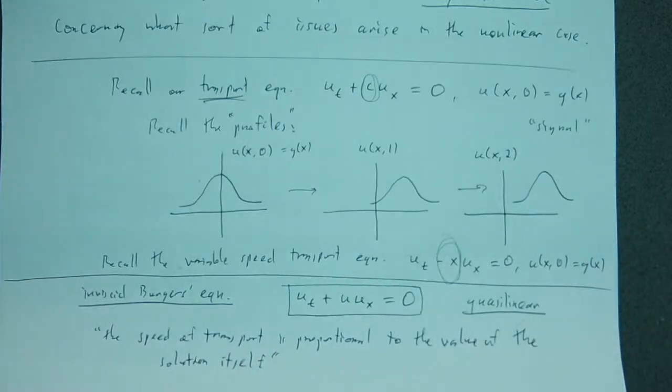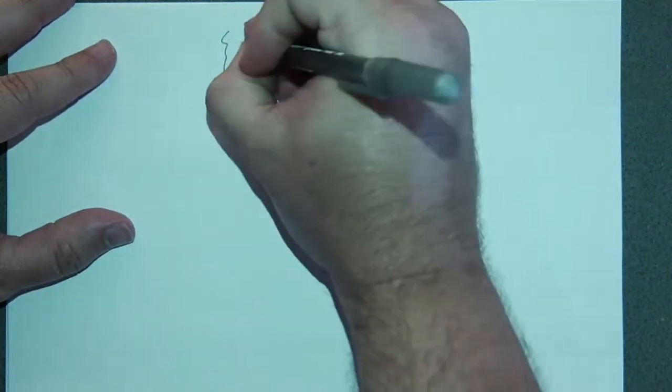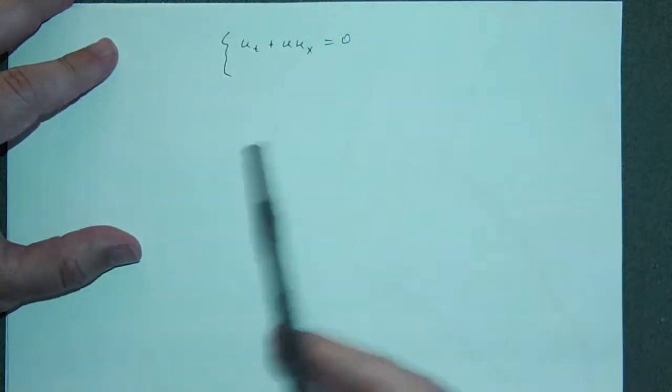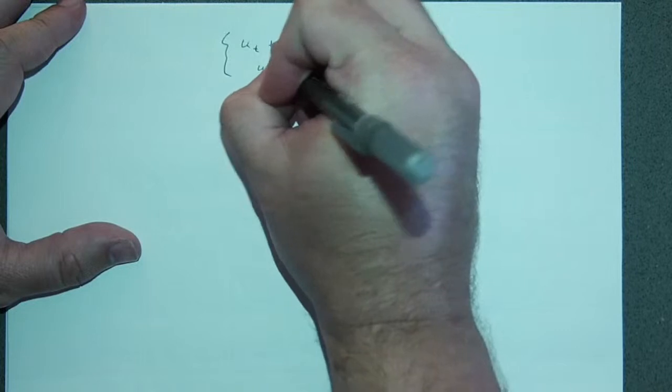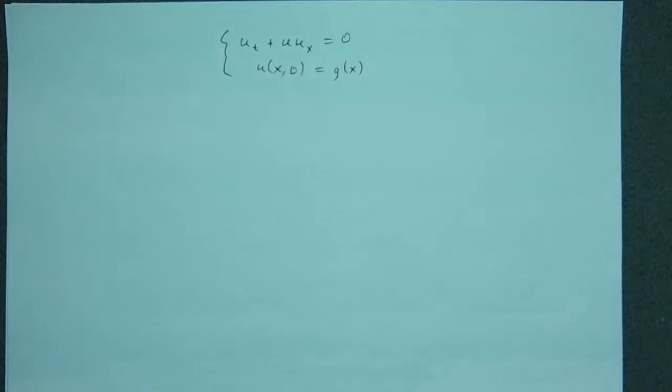So it's definitely nonlinear, and it's nonlinear in a way that is more severe than the previous semilinear example that we did. And so, how do I go about solving this? Let's try to do this with the method of characteristics as we currently have it. So we have the PDE u sub t plus u u sub x is equal to 0, and then I have my initial data specified as function g of x.